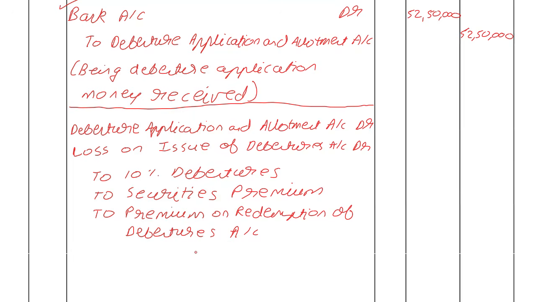All right, and the narration for this is going to be similar to what we did the last time around. So being debenture application money transferred to debenture account and premium on redemption of debentures created.